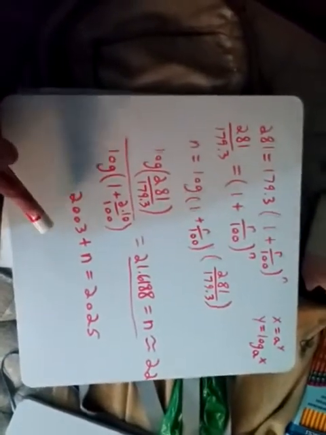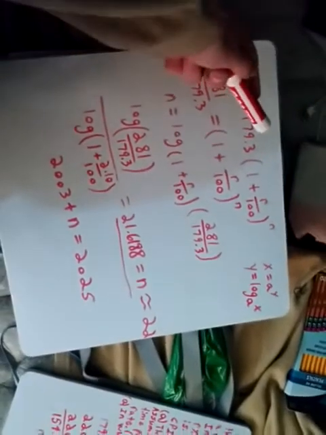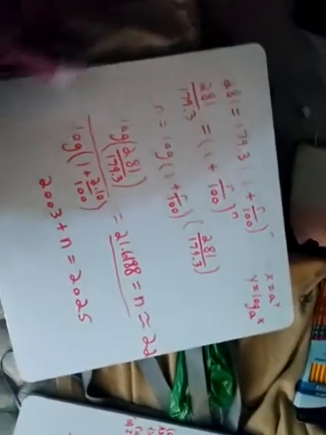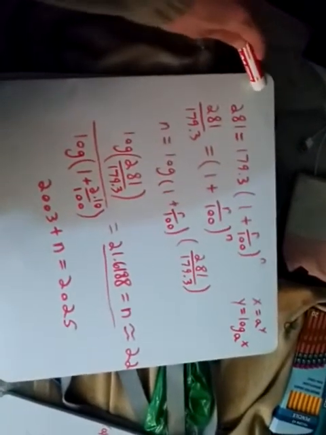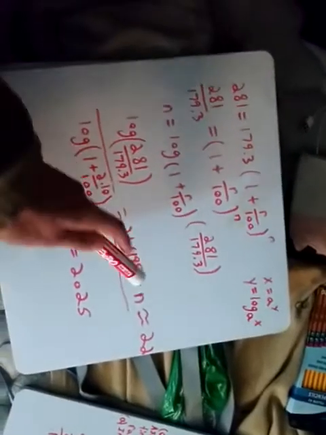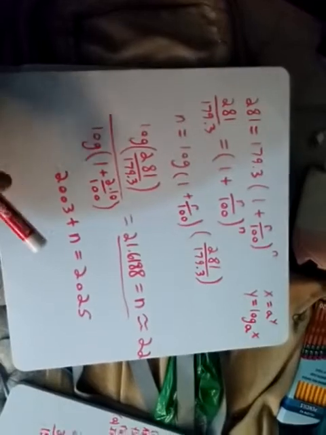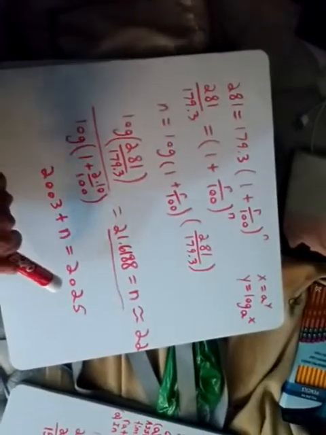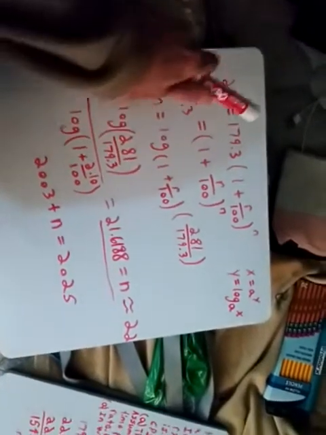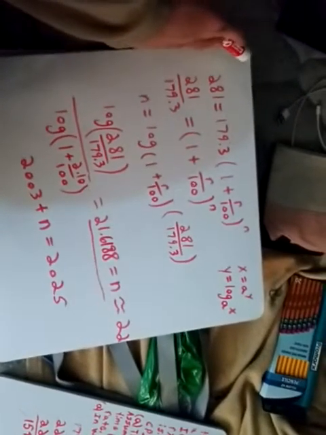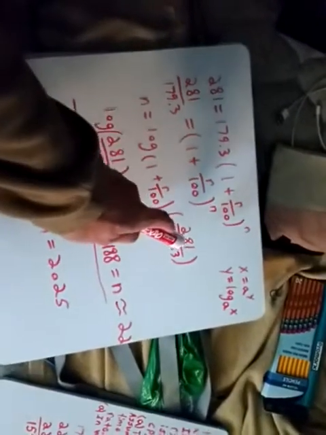From 2003 was the year it started with the consumer price index value I started with, and to go from 179.3 to 281, after solving for n, 22 years had passed approximately. So 2003 plus n, which is about 22, would be 2025, which would be the time when the consumer price index would hit 281, based upon solving for n, given the inflation rate.